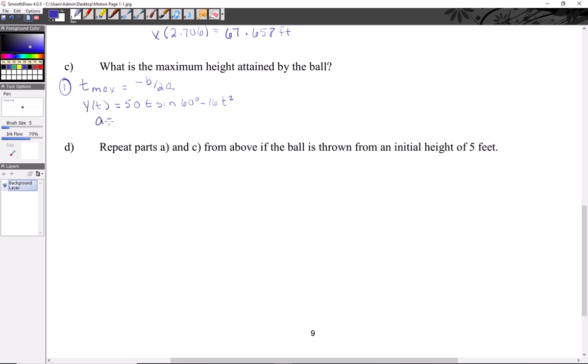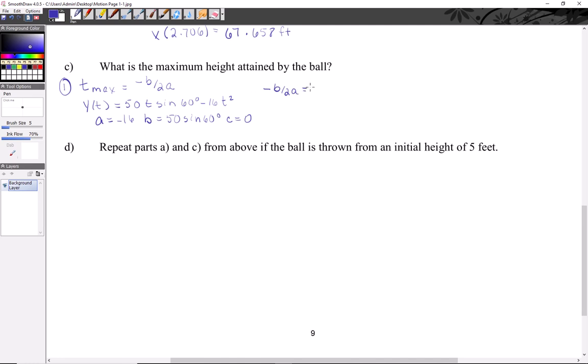We can list out what these various parts are. So a will be negative 16. b is going to be all of this without the t, so 50 sine 60 degrees. And c is a missing quantity. There's no constant term tacked on there, so just FYI, c would be 0. All right? And then we can just go opposite of b over 2a.